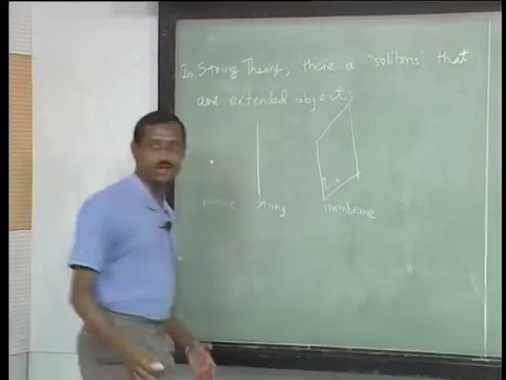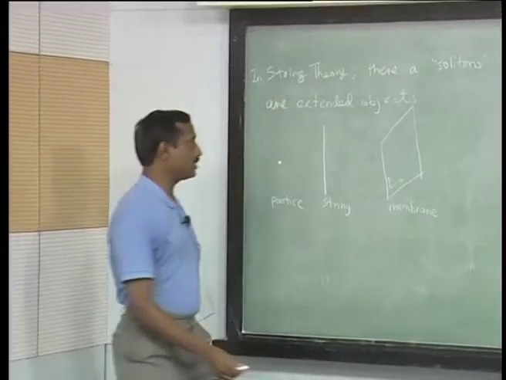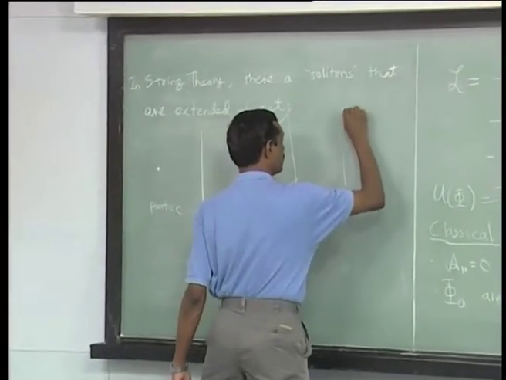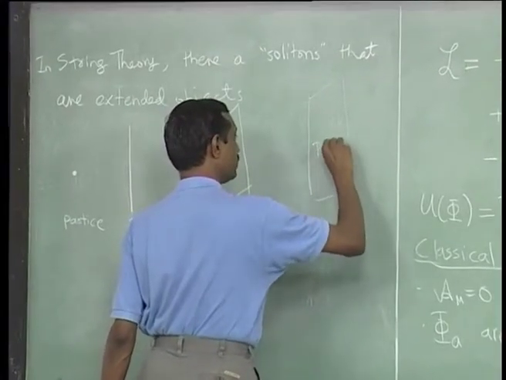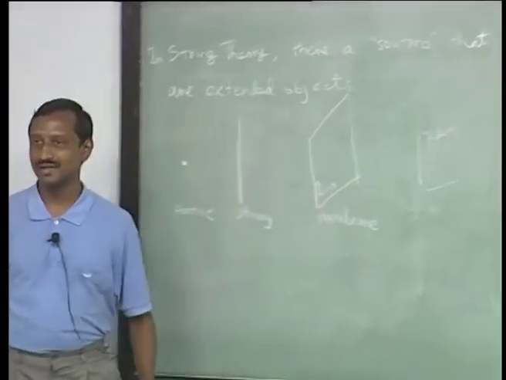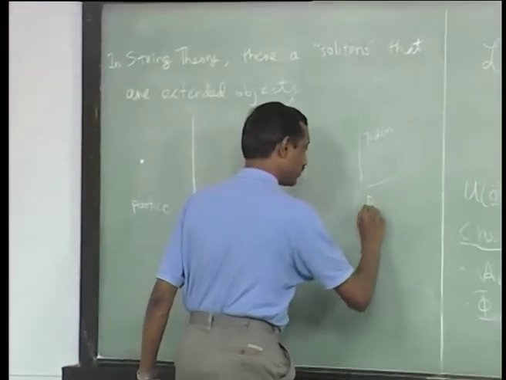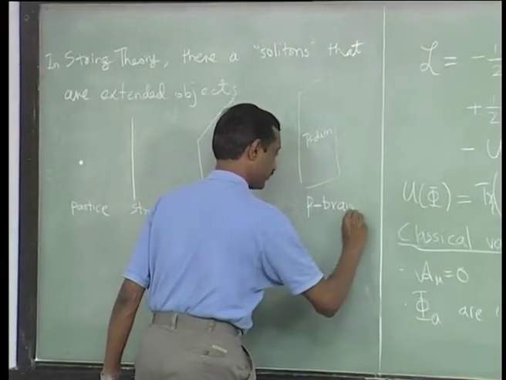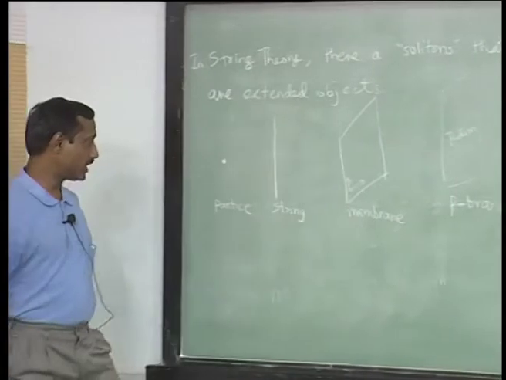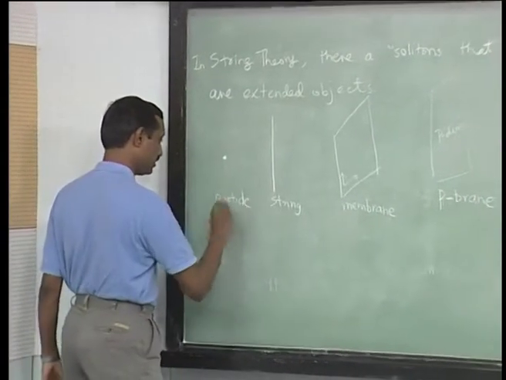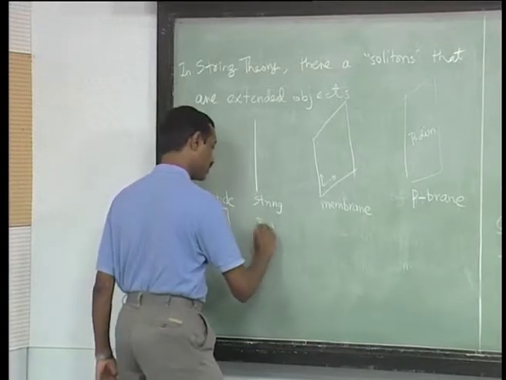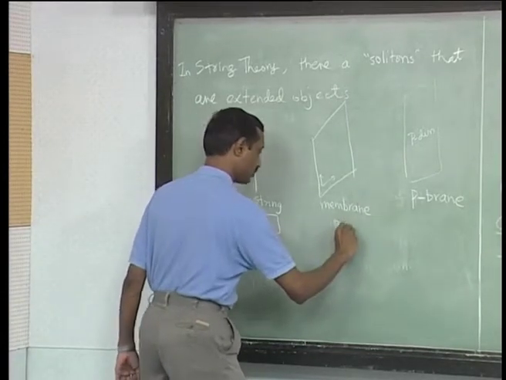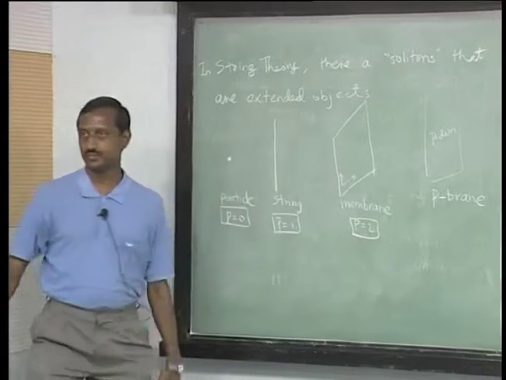okay. And in general there can be an object which carries p plus 1, this is p dimensional, so I can't draw that picture anymore. So you just call this a p brane. So in that nomenclature, particle would be p equal to 0, this would be p equal to 1, p equal to 2, okay.